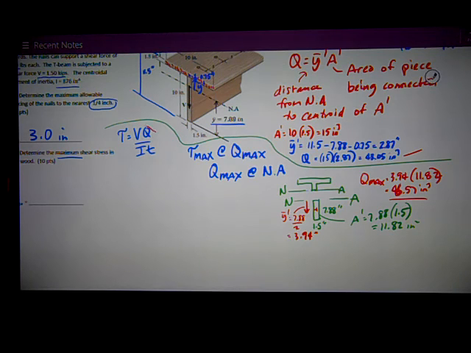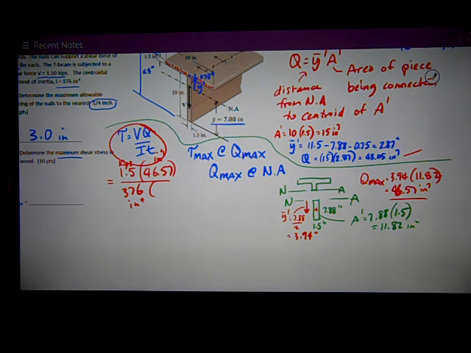Tau is VQ over IT. V is 1.5 kips. Q is that number I just calculated, 46.57 inches cubed. I is that number that's given to me, 376 inches to the fourth.